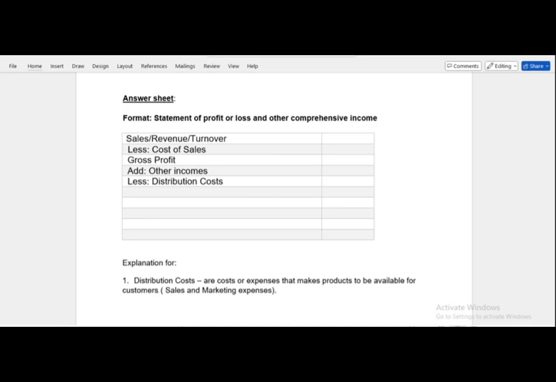So these are distribution costs. Distribution costs are costs or expenses that make products to be available for customers, right?